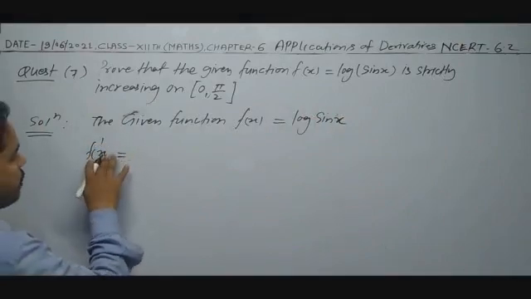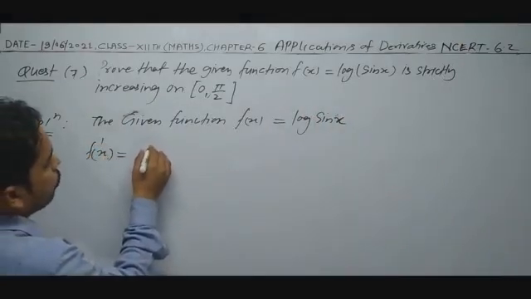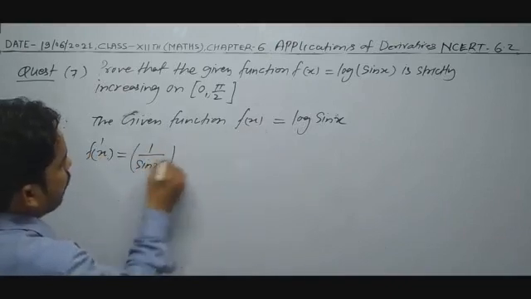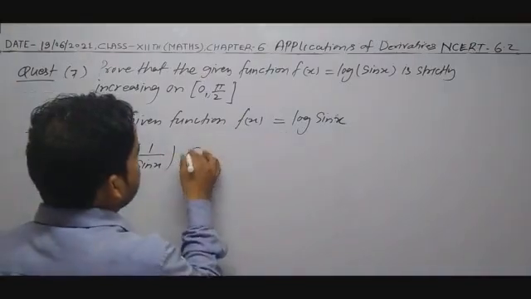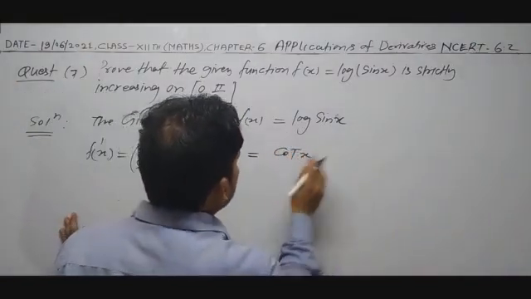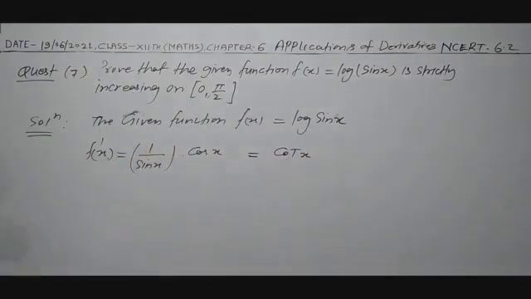Therefore f dash x result will be equal to log differentiation 1 upon sin x into sin differentiation cos x, and the result you will get cot x. So f dash x is equal to cot x.